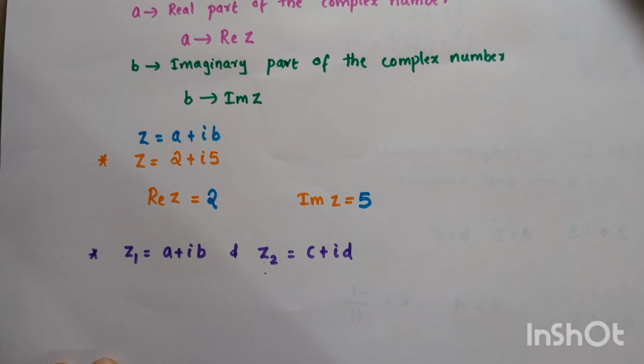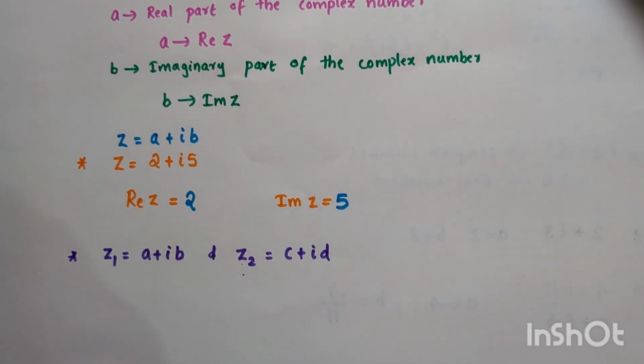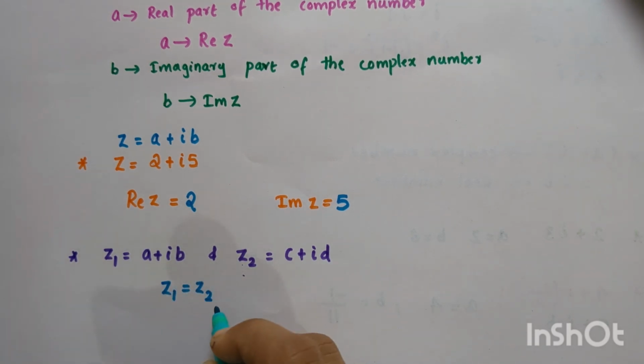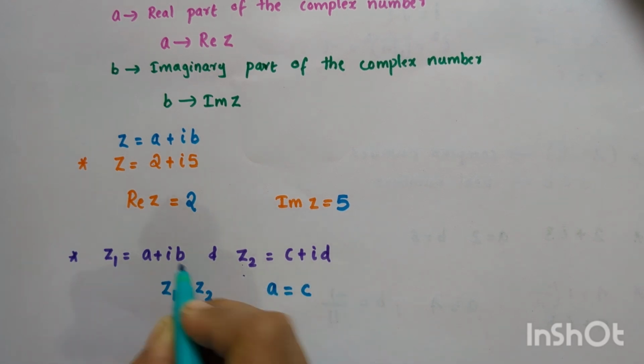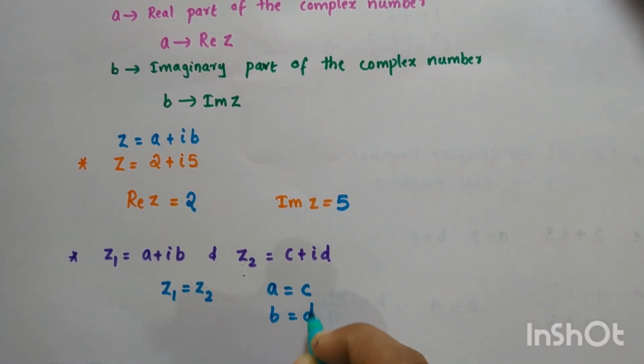Now you see, if we consider two complex numbers, z1 is equal to a plus ib and another complex number z2 is equal to c plus id, these two complex numbers z1 and z2 are equal if a is equal to c and b is equal to d.